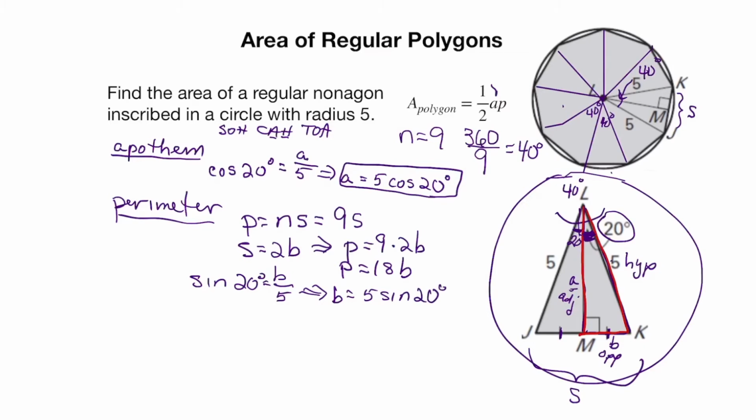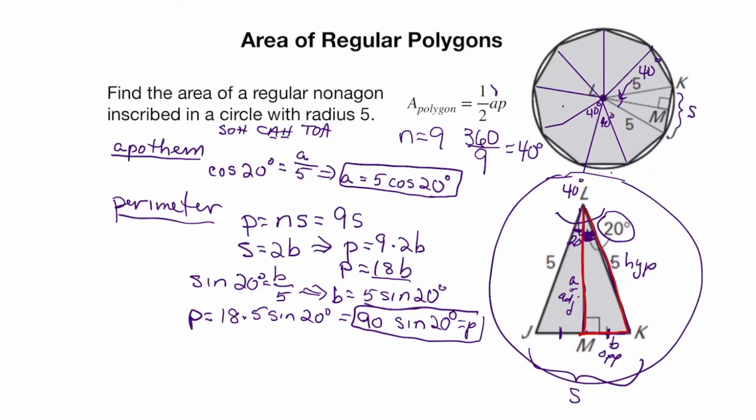And that's just my b, but I really want perimeter. So I need 18b. So my perimeter, which is 18 times b, will be 18 times 5 sine of 20. And I can multiply that 18 times 5, I believe is 90. And that's my perimeter.